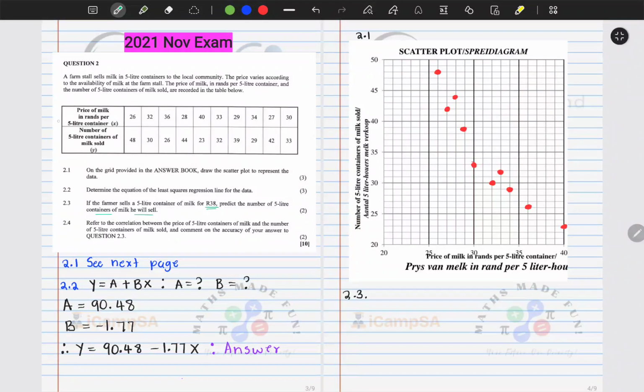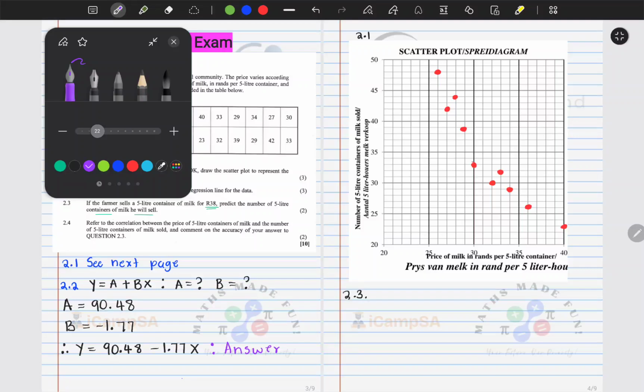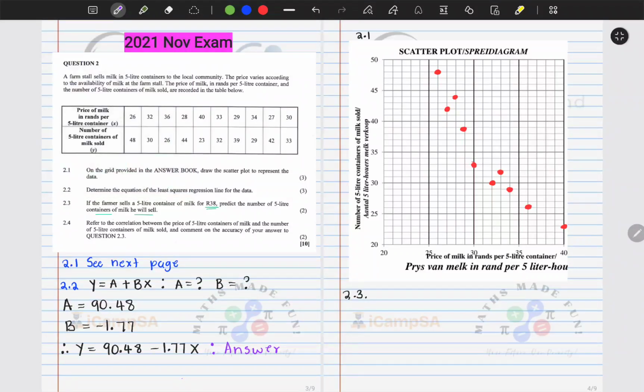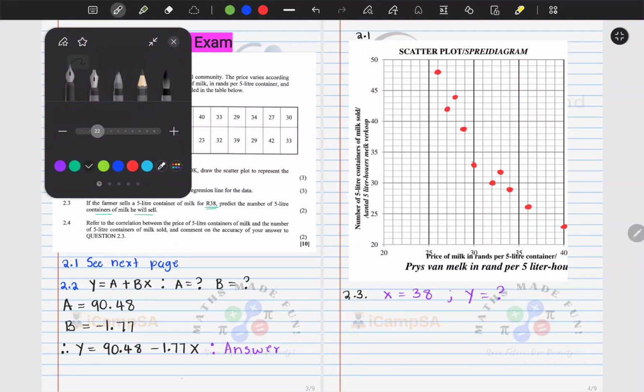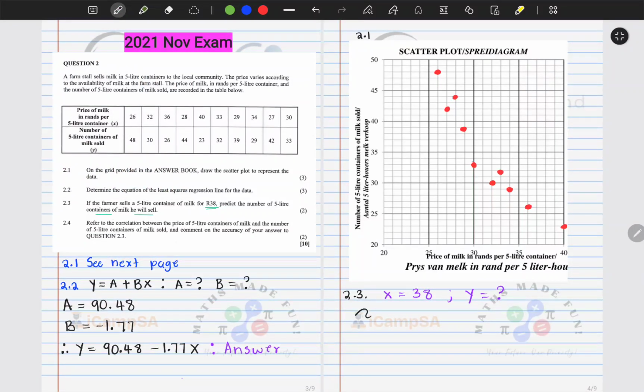So remember, here we're looking at the price that he's selling at, and at the bottom, we are trying to figure out the number of 5-liter containers they are going to sell. So we have x equals 38, and we are trying to figure out what is y. Okay, because y is really determined by demand.